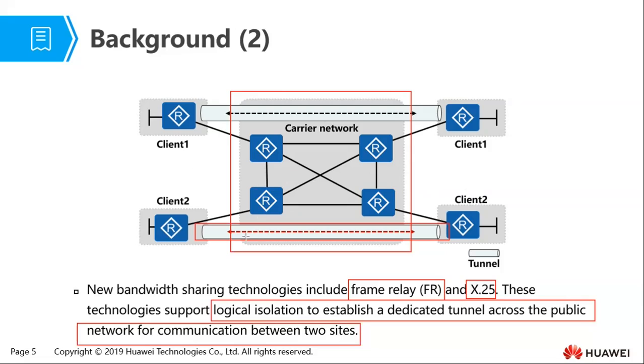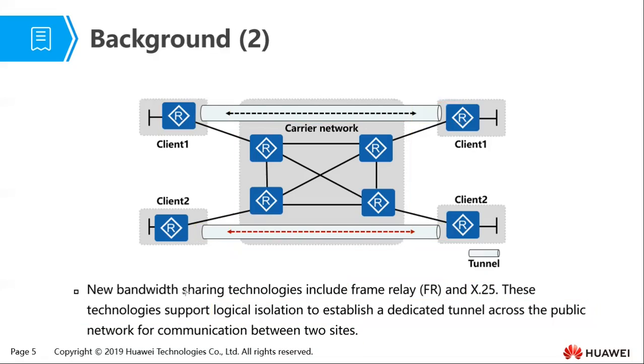This indeed will provide isolation of data and also security, because these tunnels are invisible to each other. So that was one of the earlier technologies that was developed in terms of sharing bandwidth, because we are using the same channel or lines to forward data.